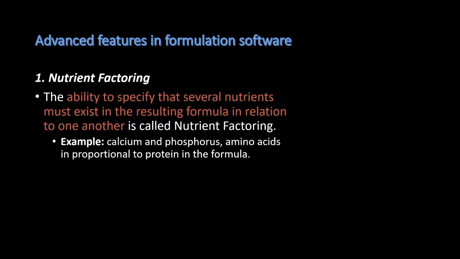Similarly, an amino acid can be ratioed with the protein content of the diet. So this is the ability to specify that several nutrients must exist in the resulting formula in relation to one another. This can be helpful in some cases, like where we are formulating a low protein diet but having an ideal amino acid profile.